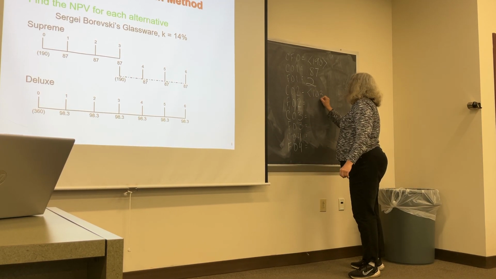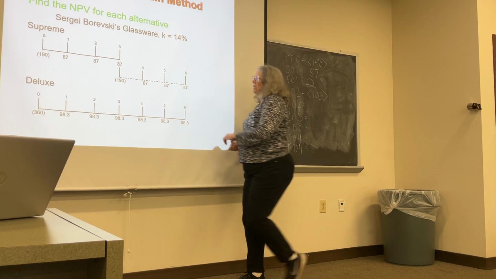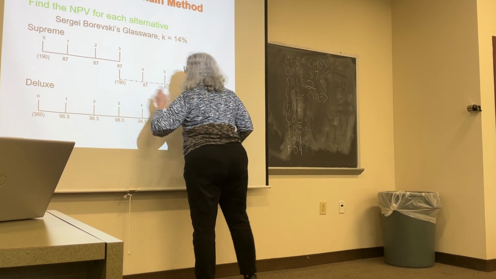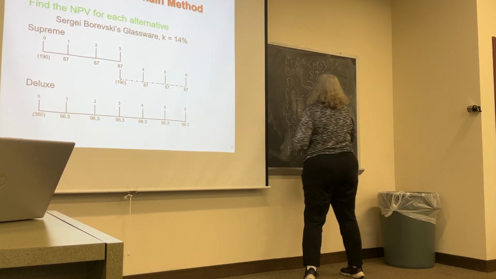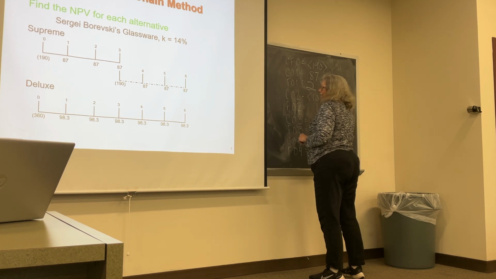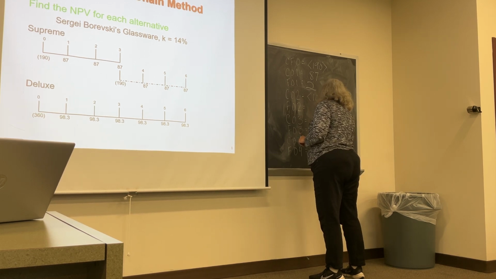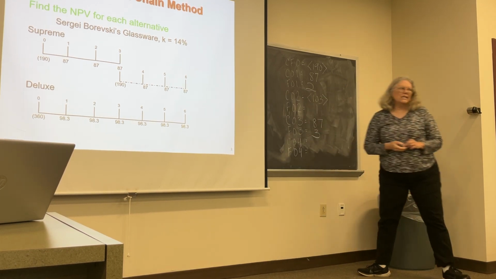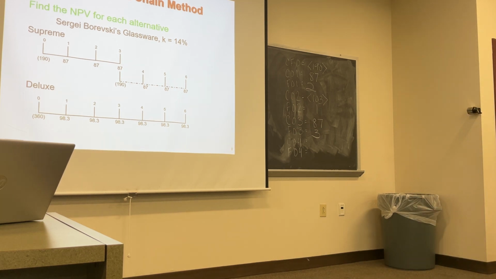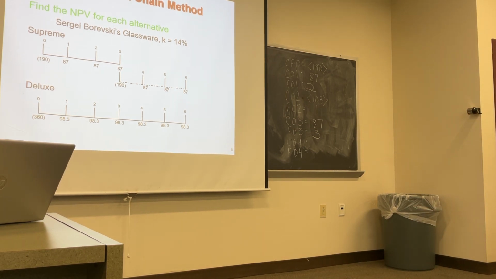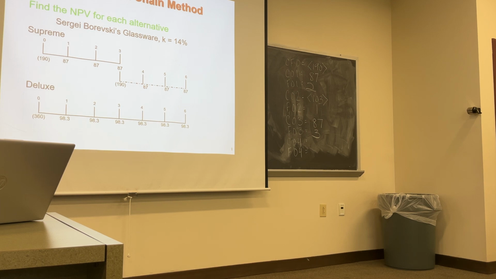I think everybody got that. So 87 in minus the 190 out. That happens once. Then we have 87 3 times. And that's all you need to put in. And then the interest is 14%. Okay?